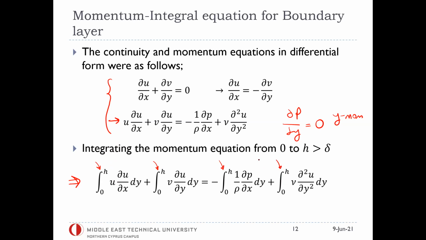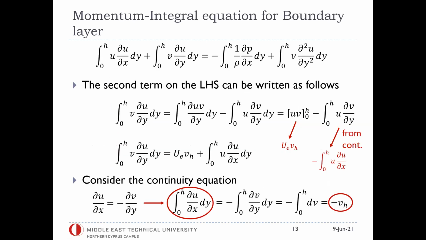Of course, mathematically we have to work this out in order to understand how we can perform this integration. This is the same equation as in the previous slide. If we focus on different terms to make them more understandable, we discussed this also last week, the second term on the left-hand side.